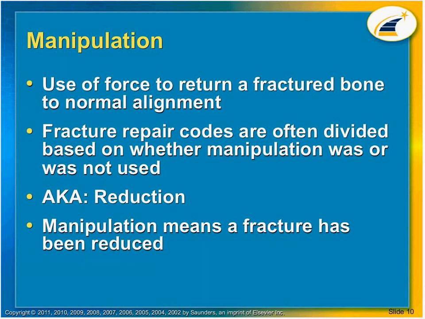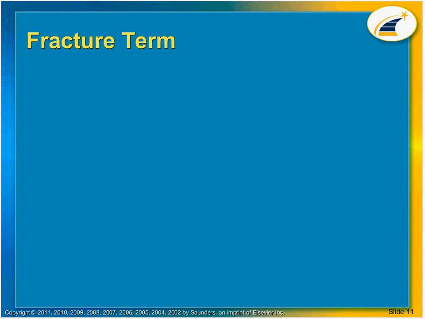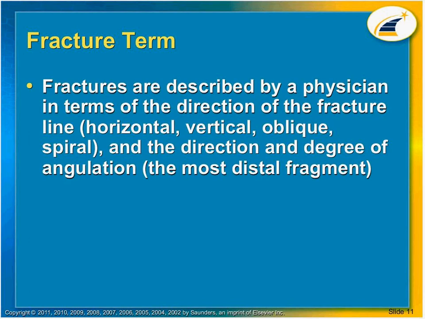Sometimes they'll say open reduction, where they've exposed the bone through the skin. The provider has done some surgery and cut the person open, and he's seeing the fractured bone with his own eyes, and he's using his hands to put the bones back in place. And then we have closed reduction, where he's not opening the skin. He's just using his hands to maneuver the bone back into alignment through the skin.